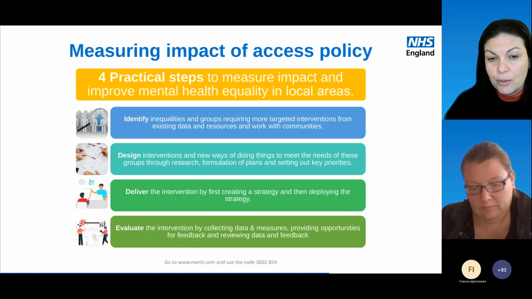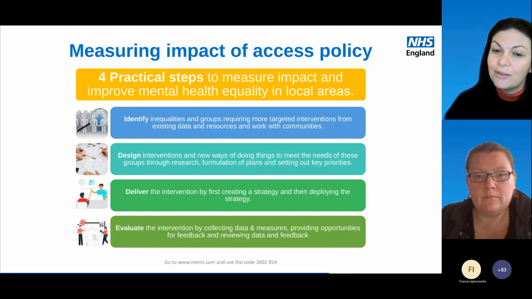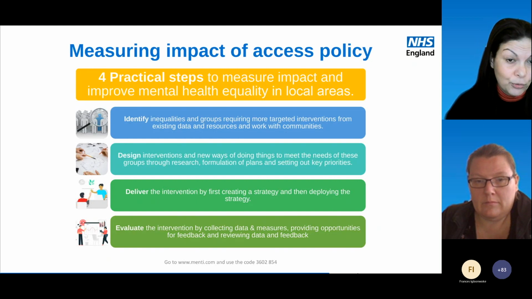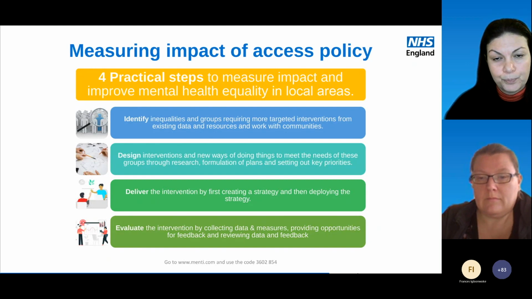Delivering the intervention by first creating the strategy, so developing the access policy, but then having a clear way of deploying it. And finally, evaluating from data and feedback that you're collecting. So I almost like to see this as a big plan, do, study, act. You're planning your work, you're doing it, you're studying it, and you're evaluating it. Next step, please.